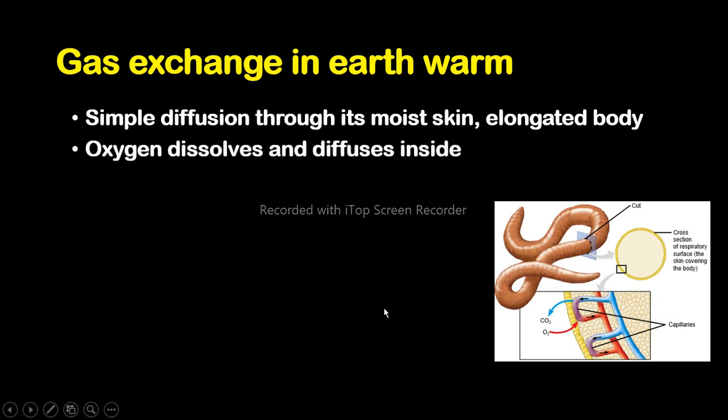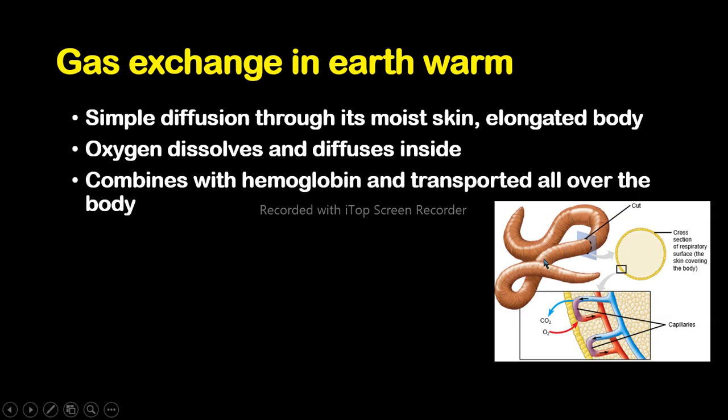So oxygen is used in the moist skin, and when it dissolves, it diffuses into the capillaries. If you observe its skin, it is thin, surrounded by only one or a few layers of cells, and the blood capillaries are close to the skin surface, so the distance over which these gases cross is minimized.